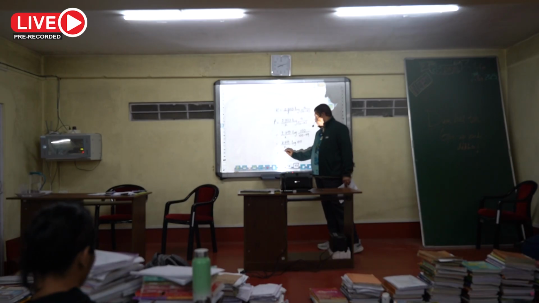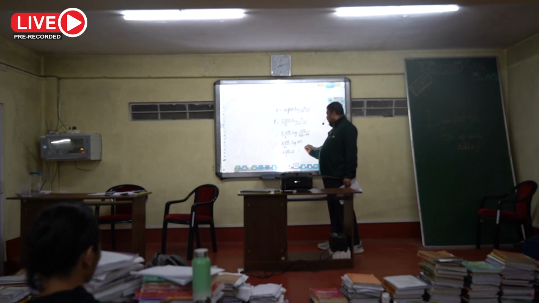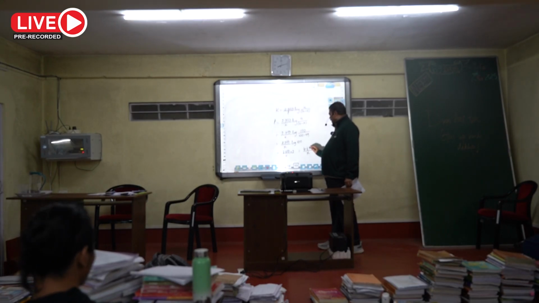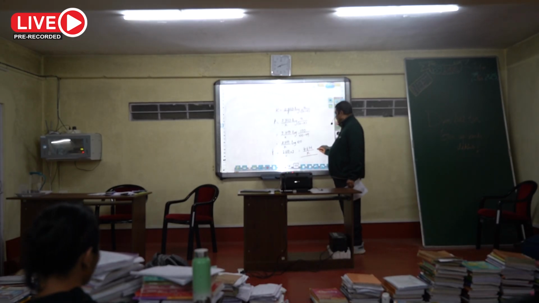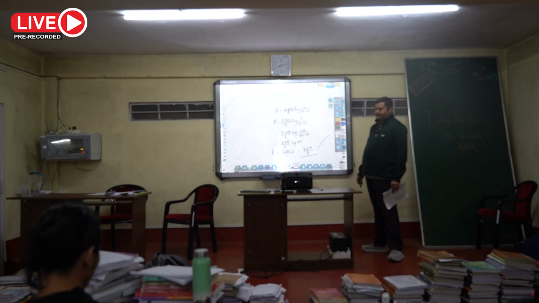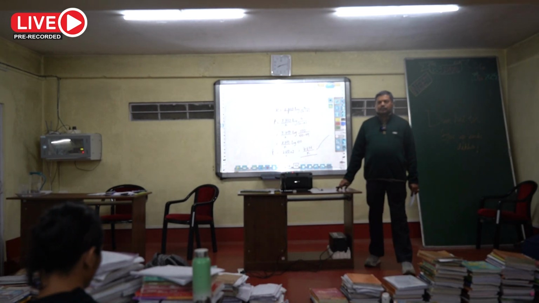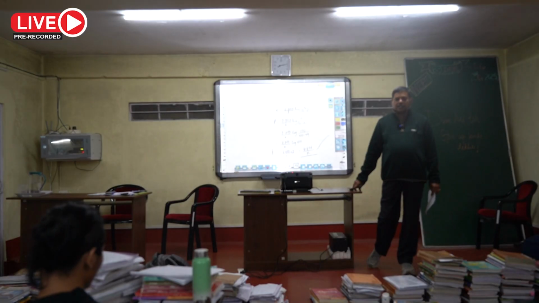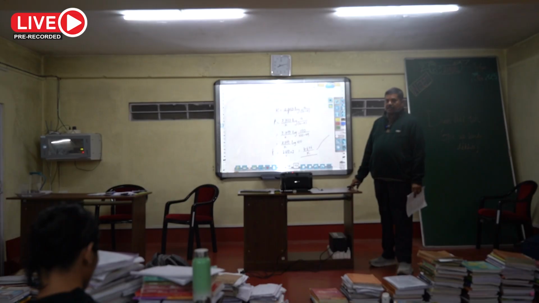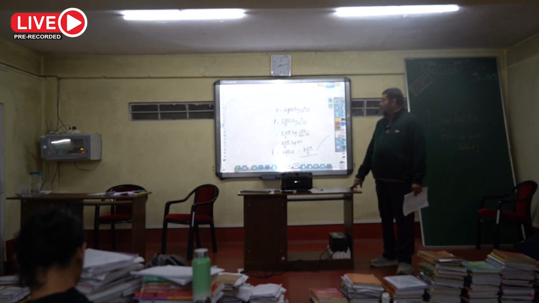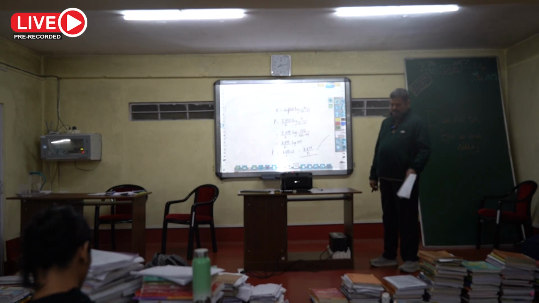Log 100 is 2, into 2. 4.606 by K. This is t. The first order rate constant K is equal to 2.303 by t log a by a minus x.